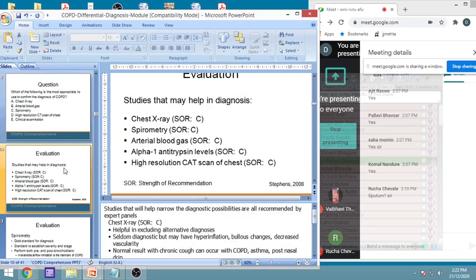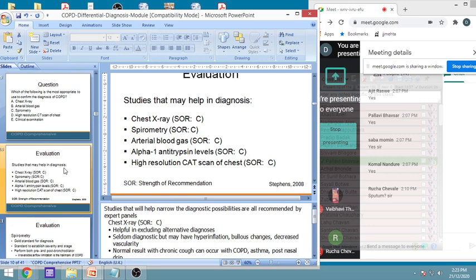So the studies that may help in diagnosis are chest X-ray, spirometry, arterial blood gas, alpha 1 antitrypsin level, and high resolution CT scan, and these all have a strength of recommendation of C. If we remember from our earlier classes, that is the class of recommendation or COR, or strength of recommendation.